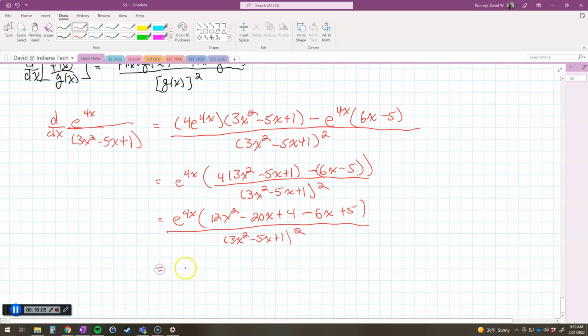Finally, simplify the top, and you get e to the 4x times 12x squared minus 26x plus 9, all over 3x squared minus 5x plus 1 quantity squared.